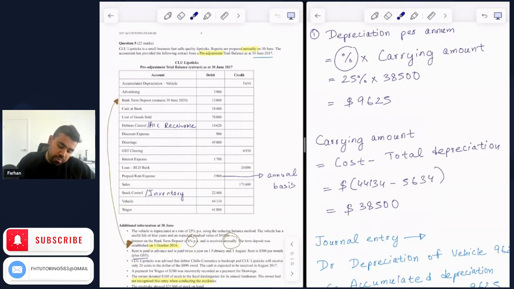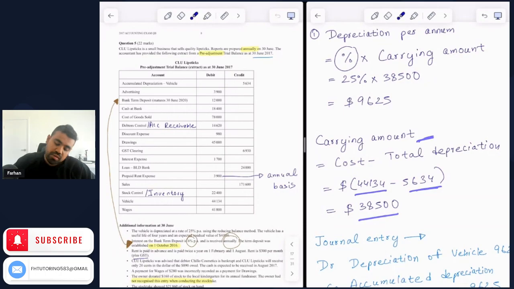What about the total depreciation? The total depreciation is given at the very beginning, which is accumulated depreciation of vehicle reported within the credit column of 5,634. So to find the carrying amount, we subtract the total depreciation from the cost and we end up getting $38,500.